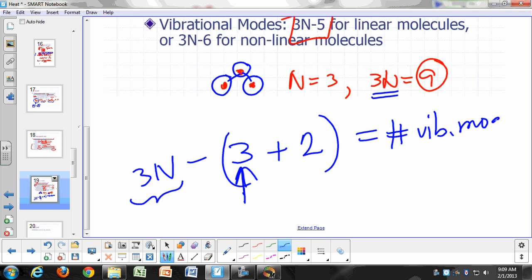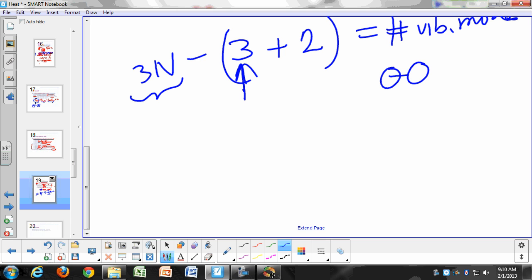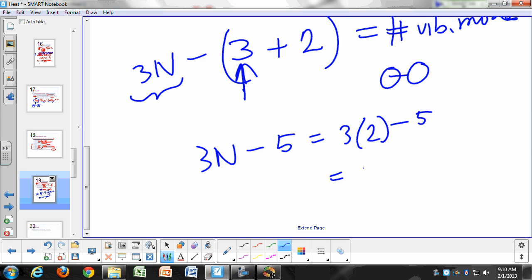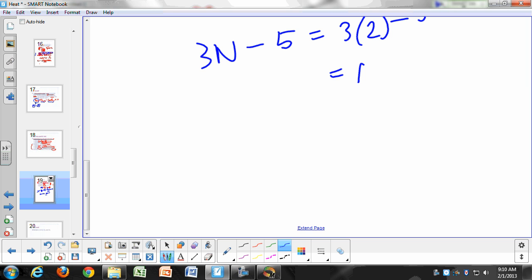So if you have a diatomic linear molecule, for example, what would it be? 3n minus 5, so 3 times 2 minus 5 is 1. One vibrational mode. The only vibrational motion of a diatomic molecule is stretching, right?